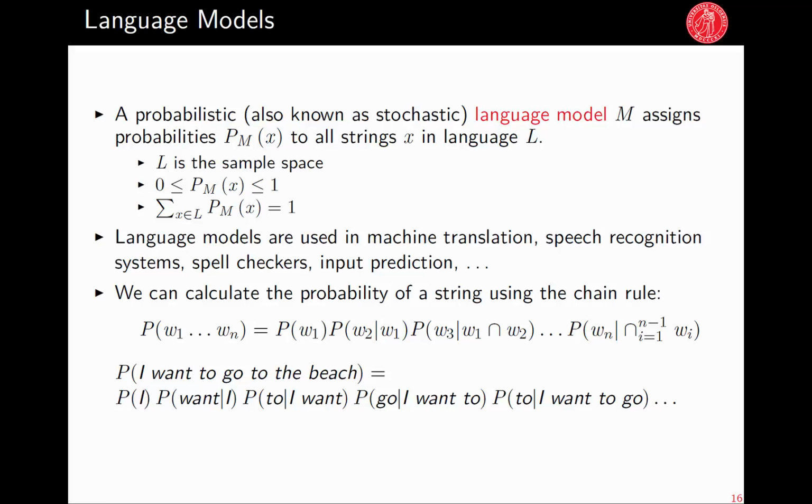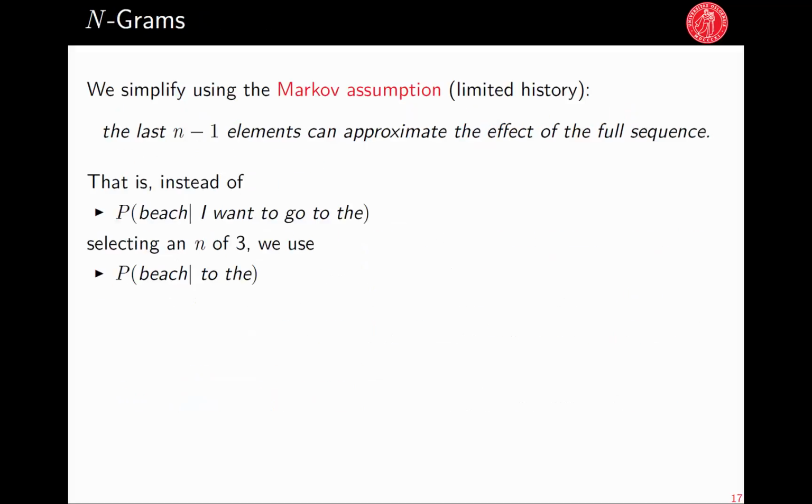For example, if I wanted to assign a probability to "I want to go to the beach", that would boil down into a chain of products of conditional probabilities like the one down here.